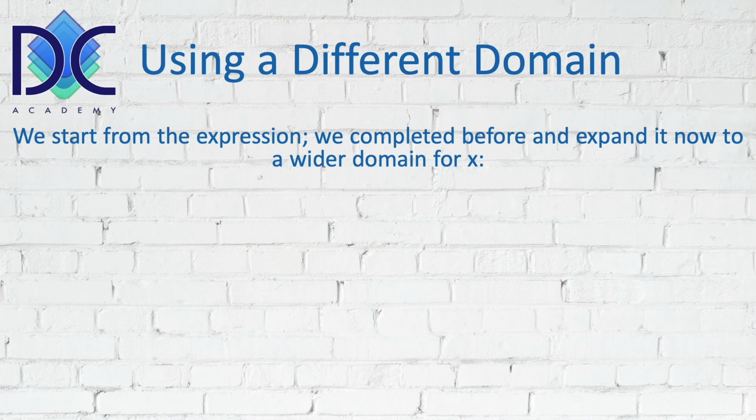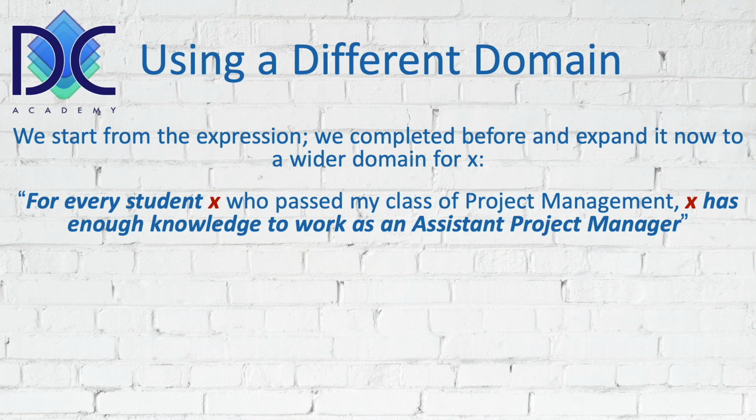Now we can expand this. We can go for a wider domain, but that also implies that we have to put additional conditions there. Let's now change this statement. We have the original statement: for every student X who passed my class of project management, X has enough knowledge to work as an assistant project manager.